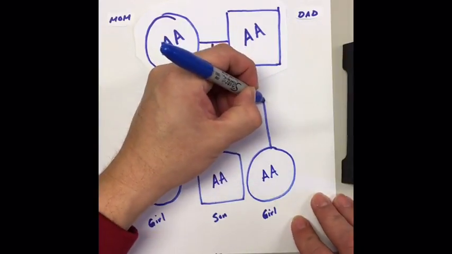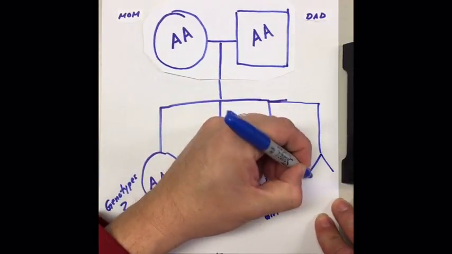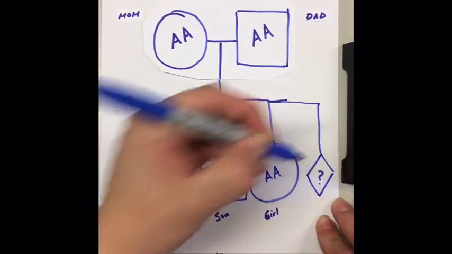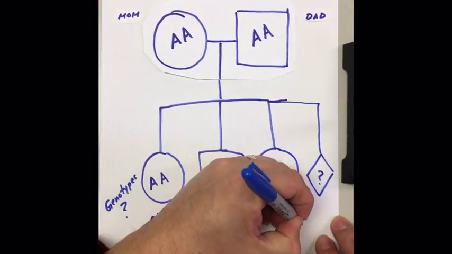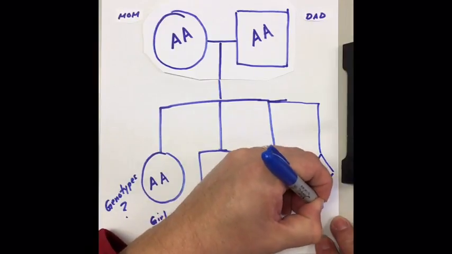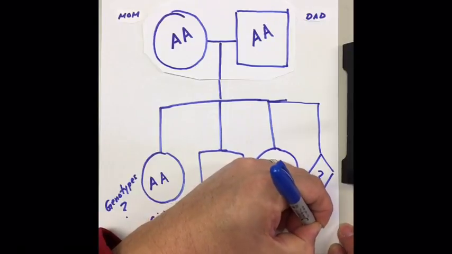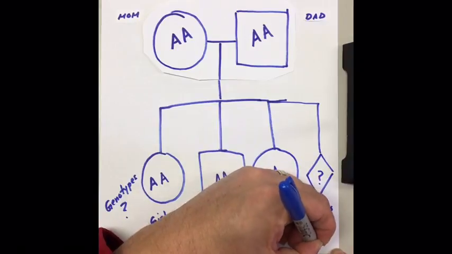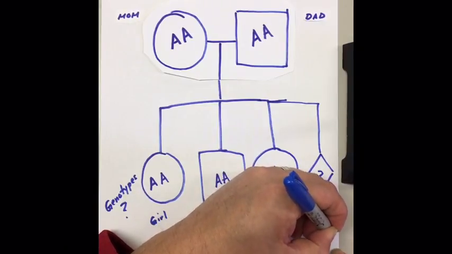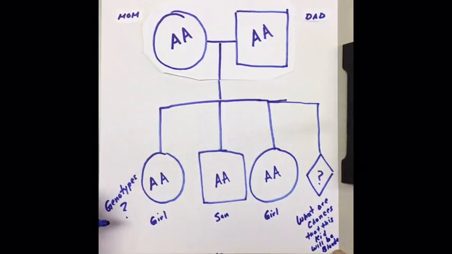If they have a third kid, or a fourth kid, I'm sorry, we're going to represent that with a diamond. So here's my question to you. What are the chances that this kid will be blonde?